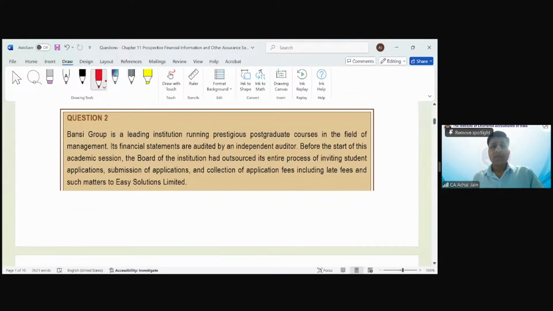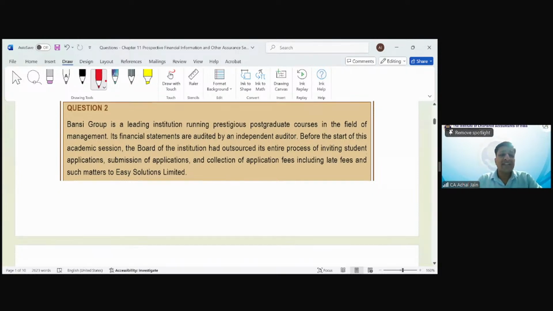Next, Bansi Group is a leading institution running prestigious postgraduate courses in the field of management. Its financial statements are audited by an independent auditor. Before the start of this academic session, the board of the institution had outsourced its entire process of inviting student applications, submission of applications, collection of application fees, including late fees, etc., to Easy Solutions.